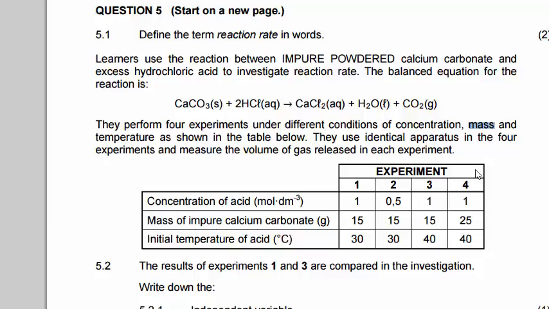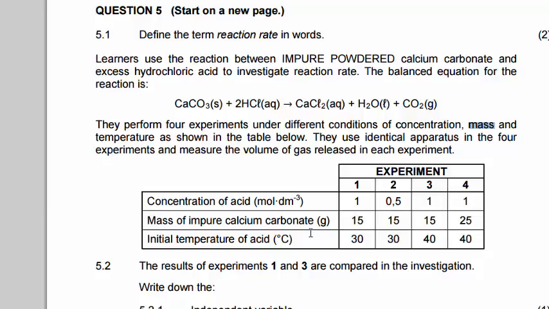Isn't that the amount of a certain substance? Now, would you increase the reaction rate if you increase the amount, the mass? I guess if there's more reactants there'd be more products, but I don't think that would affect the reaction. No, it wouldn't.